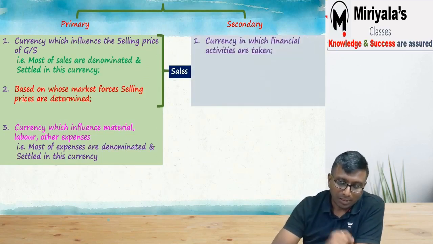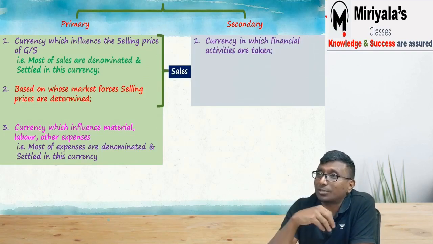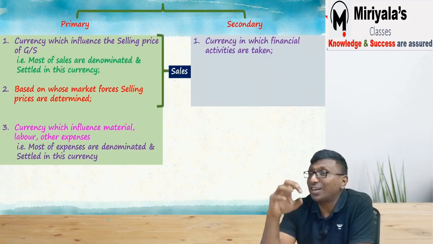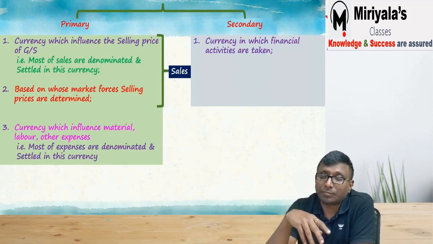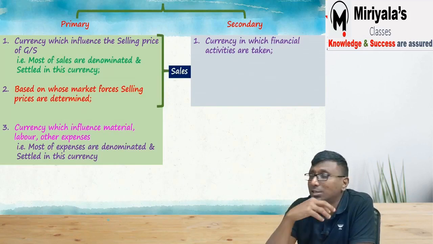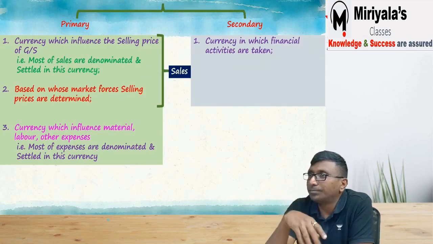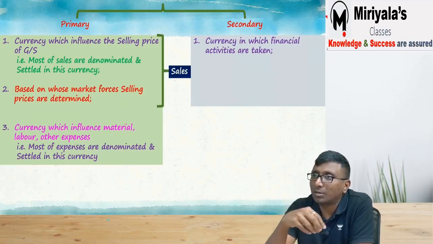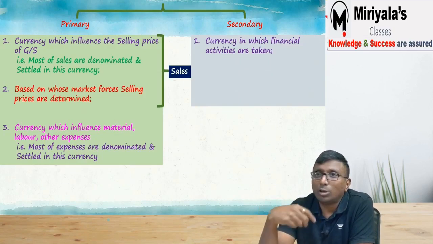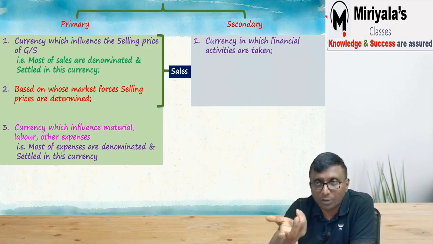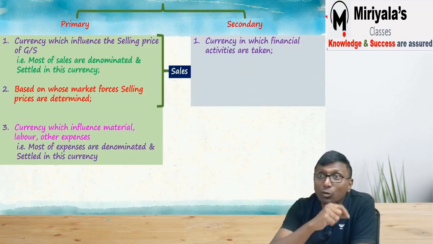Observe. Secondary: the currency in which financing activities are taken. Financing means funding. Funding means your company is in need of money. What do you do? You will issue shares, or you will borrow. You will issue debentures. You will issue preference capital. In which currency are you issuing?